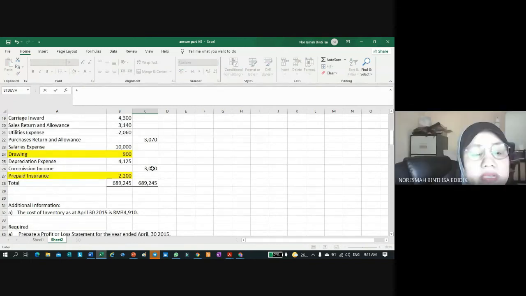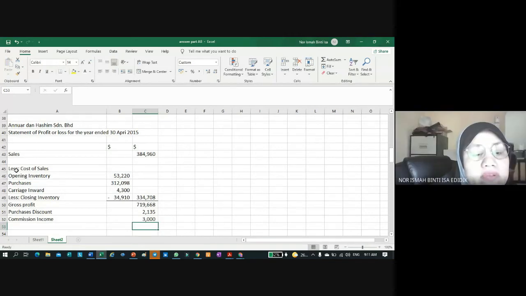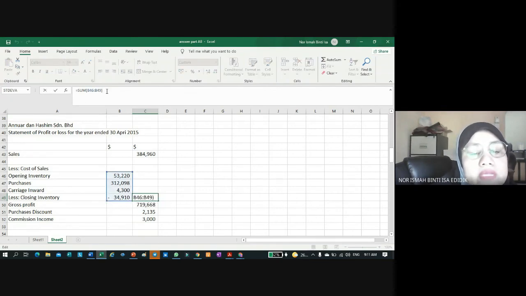Madam, yang sales tu tolak cost of sales kan? Yes, ni less of cost of sale ya. Oh, tolak. So this one, sum ni tambah darab negatif 1. Terima kasih ya.